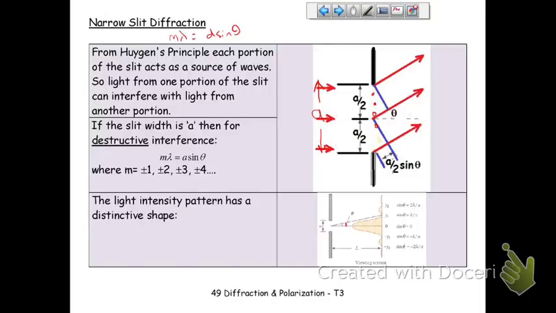When m is 1 in the double slit, we're getting a constructive interference. It's so similar and it's so different. The light intensity pattern has a distinctive shape. We're talking about Fraunhofer diffraction here because we go to a minimum. And we see there's this envelope where the first brightness is and the 0th brightness is and all that kind of stuff.